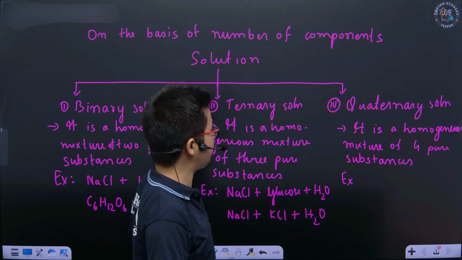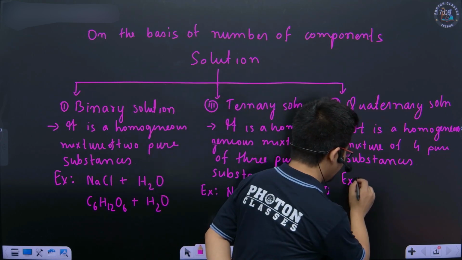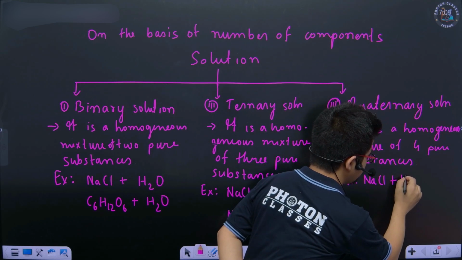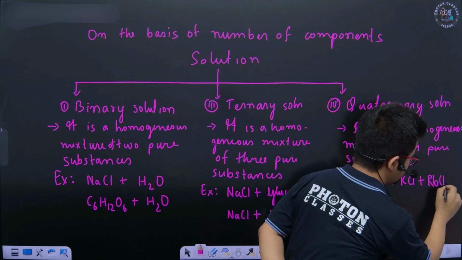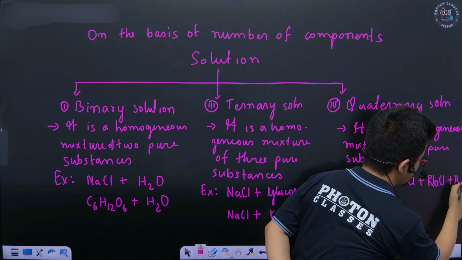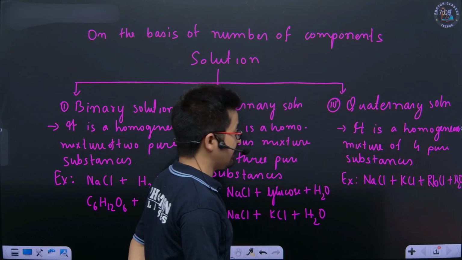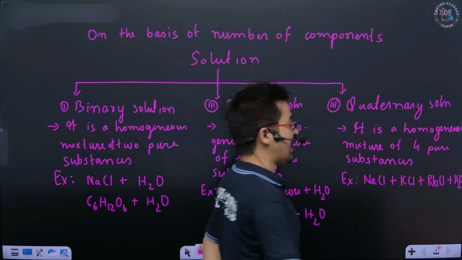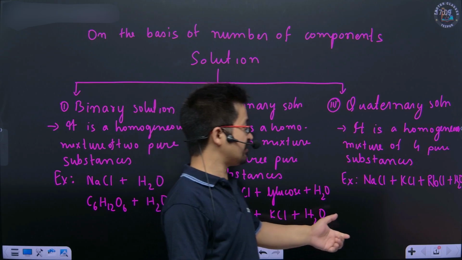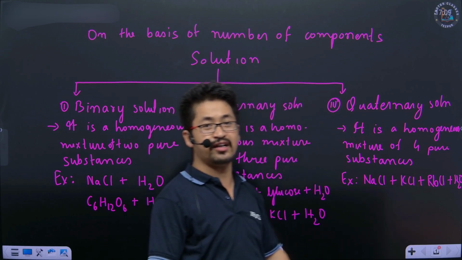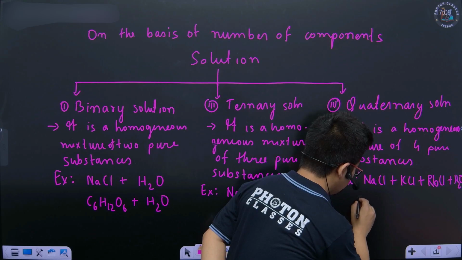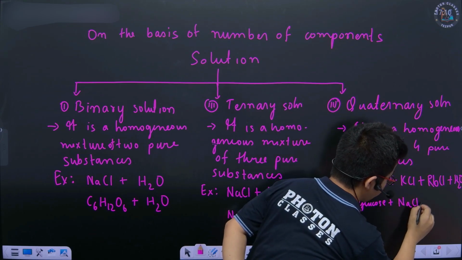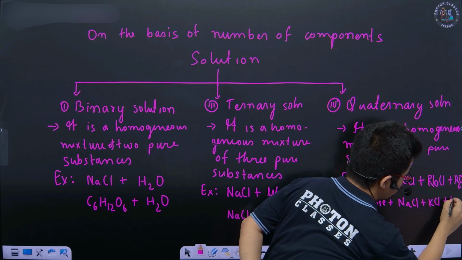That will be one example of a quaternary solution, like NaCl plus KCl plus RbCl plus H2O. Here NaCl, KCl and RbCl are the three solutes and water is the solvent. Is that clear? Similarly, you can take glucose plus NaCl plus KCl plus water.